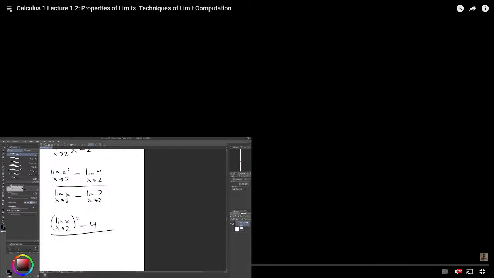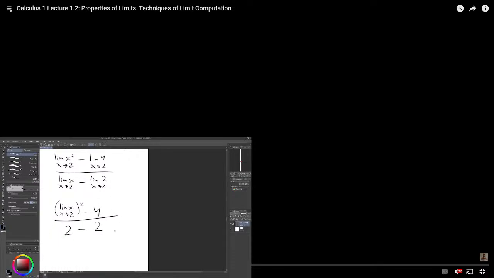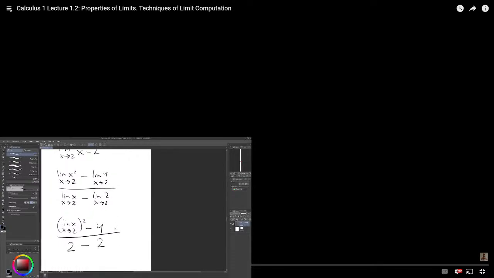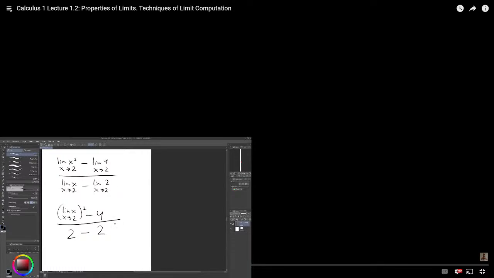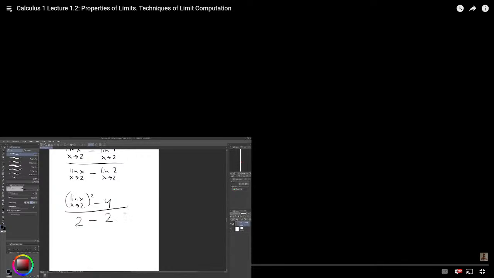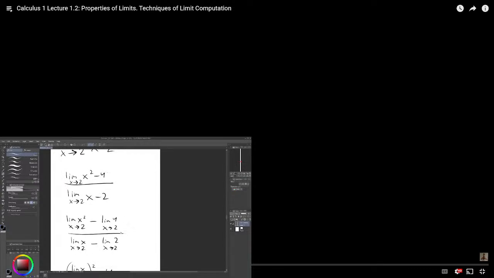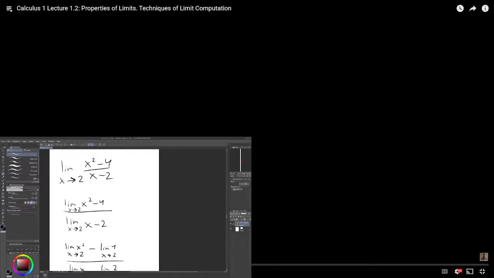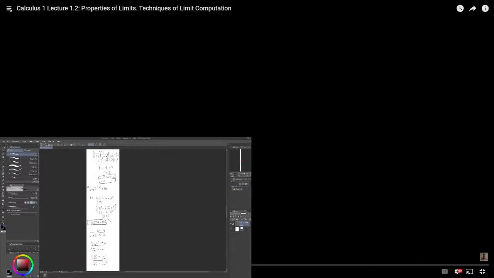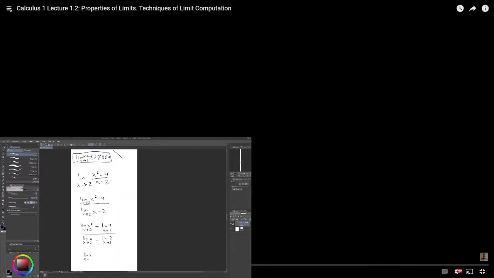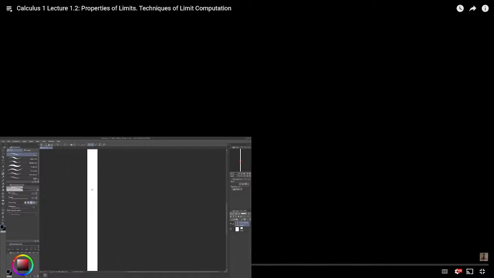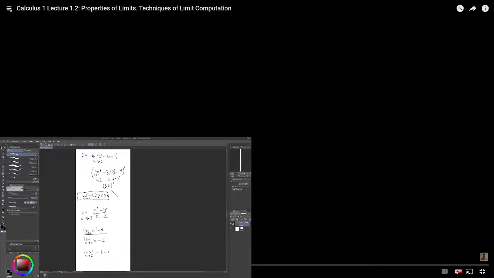Limit of x as x approaches 2 is 2. Limit of 2 as x approaches 2 is 2. Still 0 though. Still 0 on the bottom. Because you can't. Okay. It's harder than I thought. Then how do you use the properties to evaluate it?